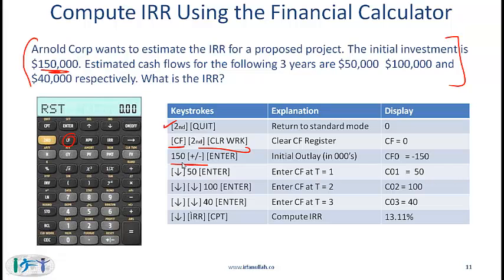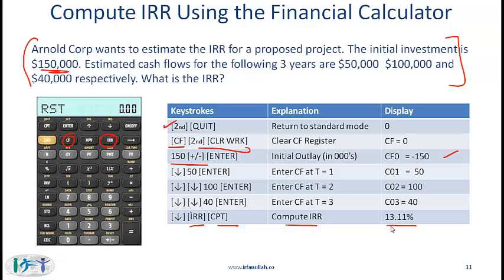So plus minus is to make it a minus. That is telling the calculator that the first cash flow at time 0 is minus 150. We enter the rest of the cash flows, 50, 100, 40. And then we hit the down arrow and the IRR button, which is right here, and compute. And this will tell us that the IRR is 13.11%.